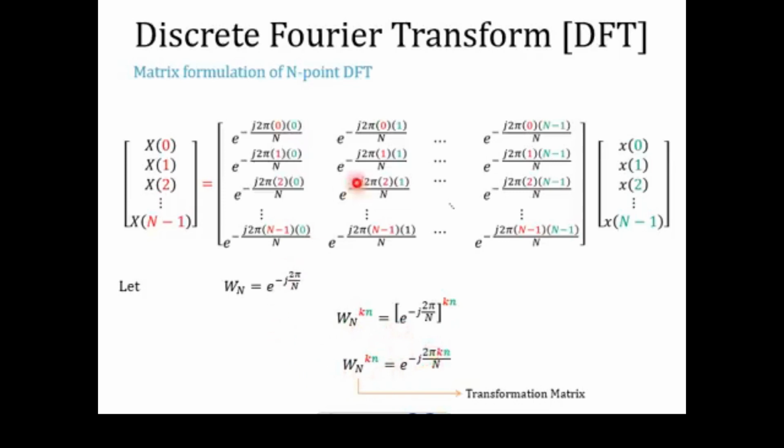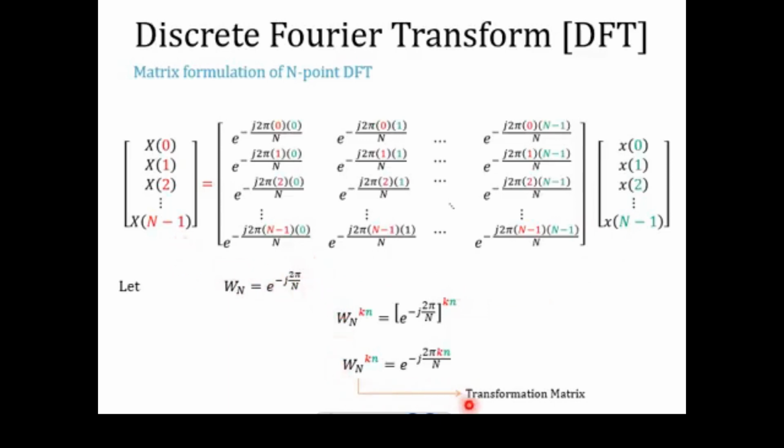So this square matrix will be called a W matrix, which is equal to this one, and this matrix can be called the transformation matrix, because this matrix is actually transforming our time domain sequence into a frequency domain vector.